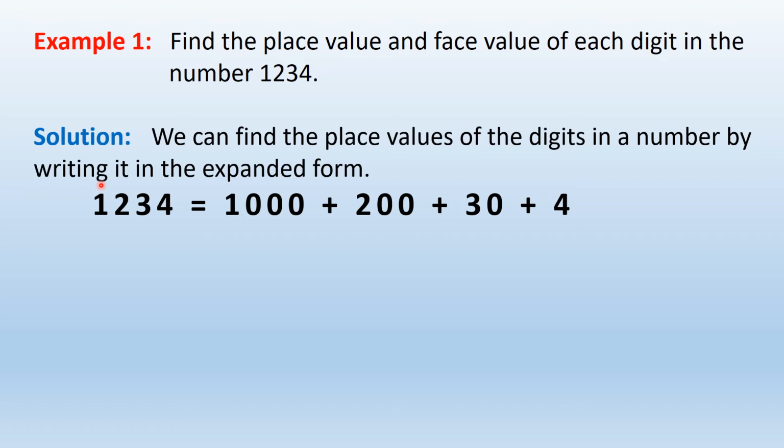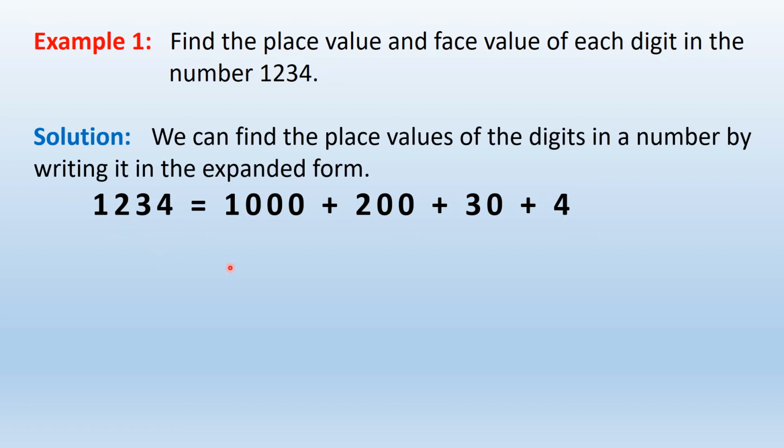Therefore, in the expanded form of the number, the term corresponding to the digit 1 is 1000. Since it is in thousands place, 1000 is the first term. And 2 is in hundreds place, and 2 hundreds is equal to 200.